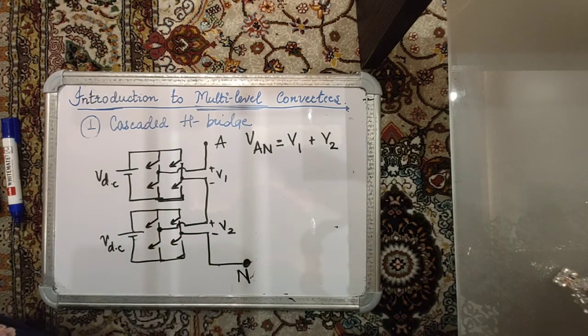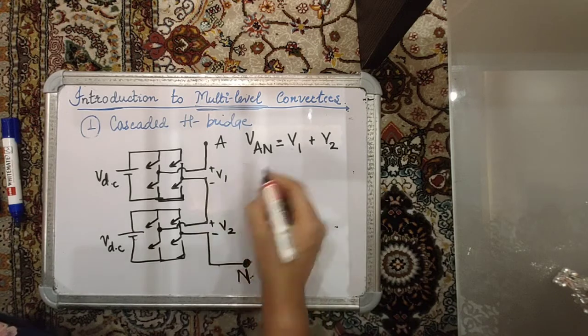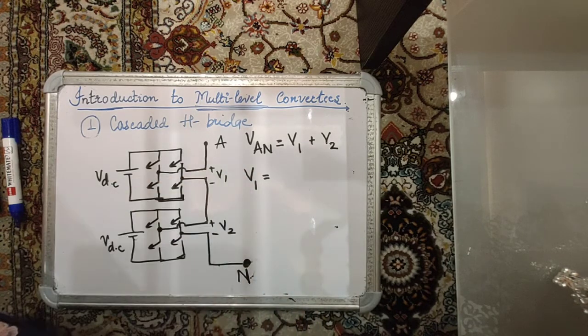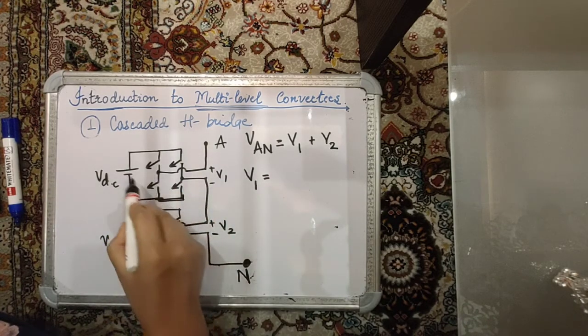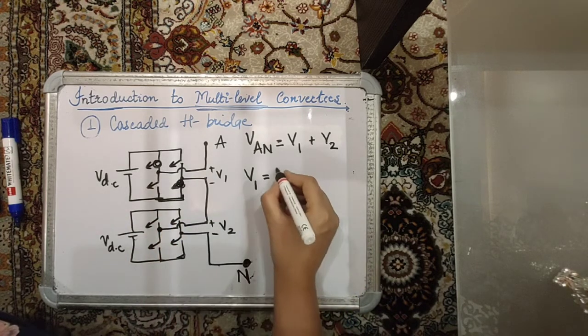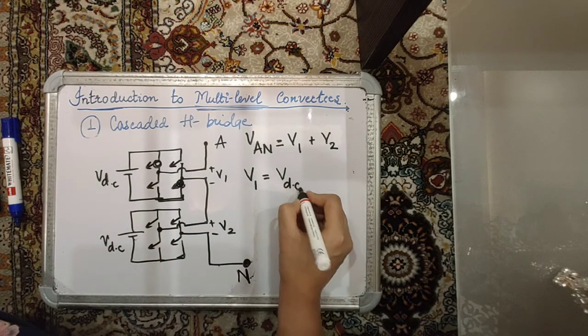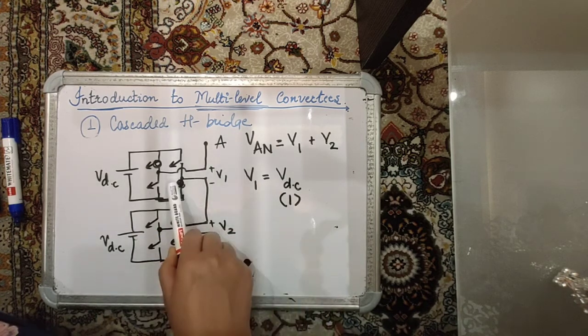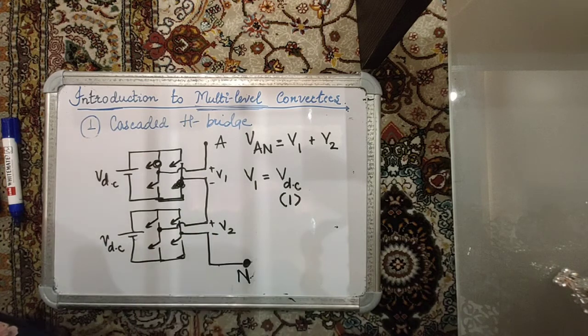Now, if we talk about just V1, this particular output voltage can either be VDC, which means if this switch and this switch is conducting, so one switching state of the upper bridge is contributing to V1 becoming equal to VDC, only one switch, right?